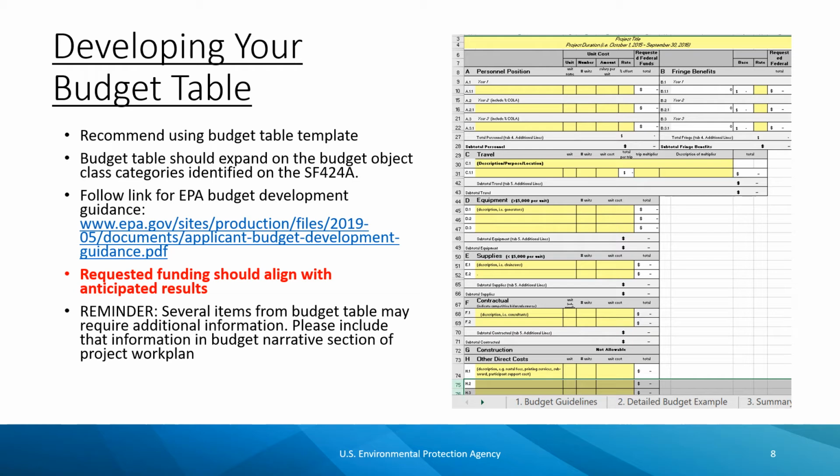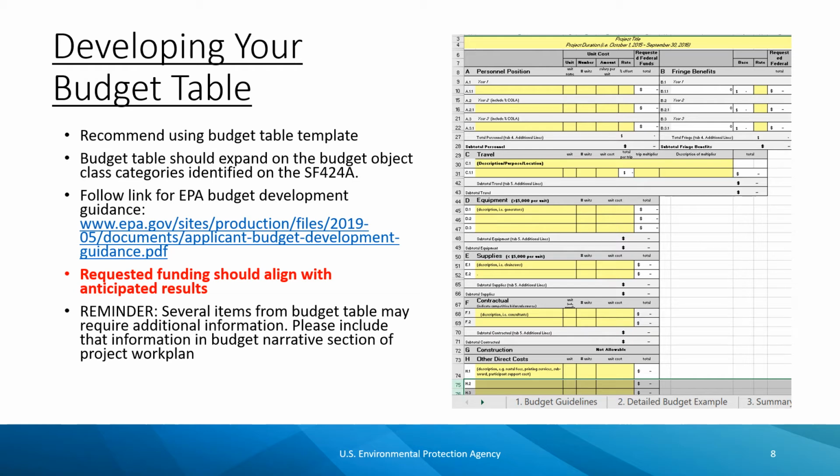This budget table provides more detail on the cost identified on the SF424A. The budget object class category amounts listed on your SF424A must match the budget object class category totals on your detailed budget table.